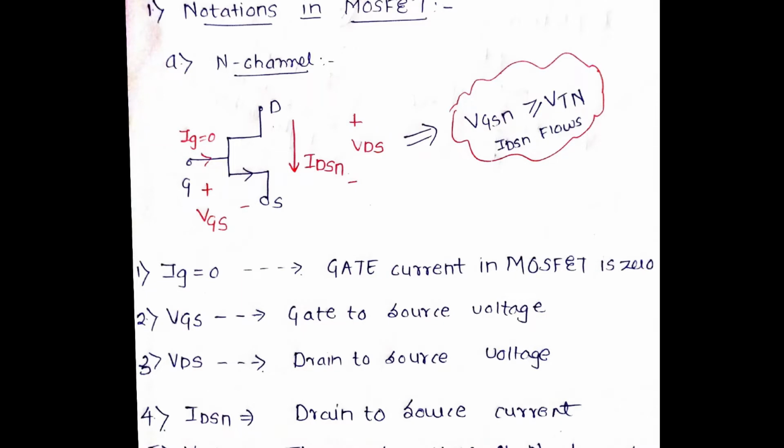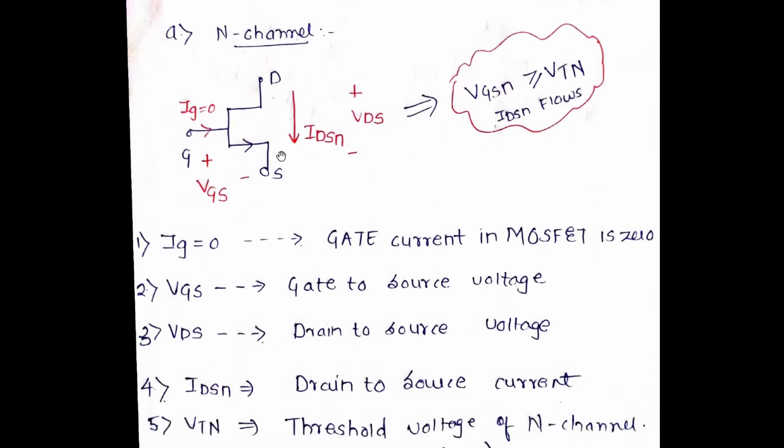So let's begin. If you talk about an N-channel MOSFET, this is the drain, this is the gate, this is the source. So Ig is the gate current, which in case of MOSFET is 0. VGS is the gate to source voltage. VDS is the drain to source voltage.